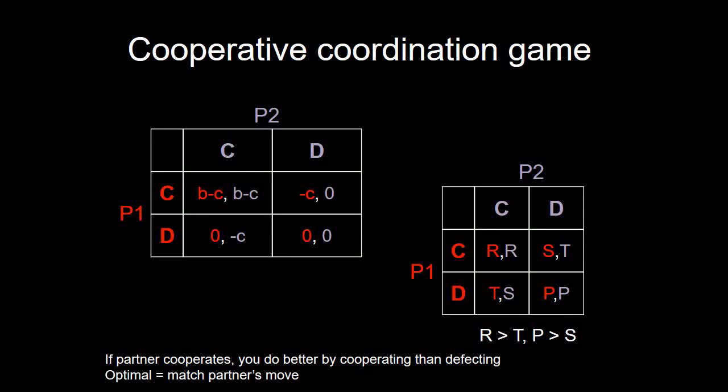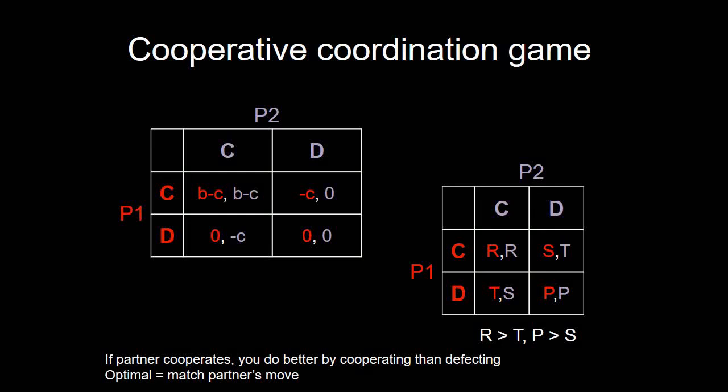And then in our more general R, S, T, P specification of these games, you can also have a coordination game, and what's required for it to be a coordination game is that, like in the prisoner's dilemma, the sucker payoff of being exploited should be less than the punishment payoff of mutual defection. But unlike in the prisoner's dilemma, now the temptation to exploit the other person is actually smaller than the reward of mutual cooperation, because in trying to exploit them, benefit doesn't get created, and so it has this flavor.